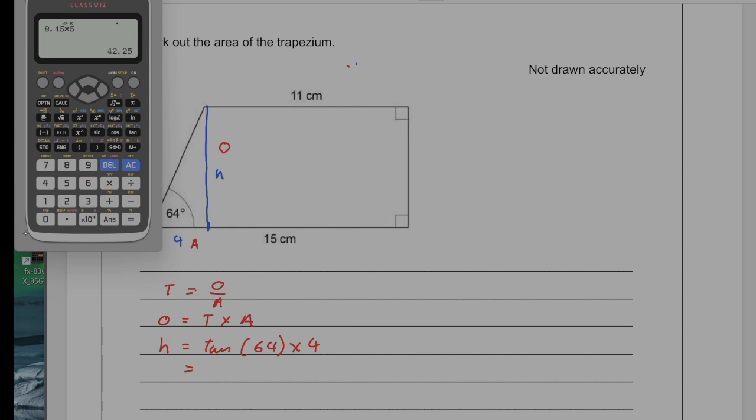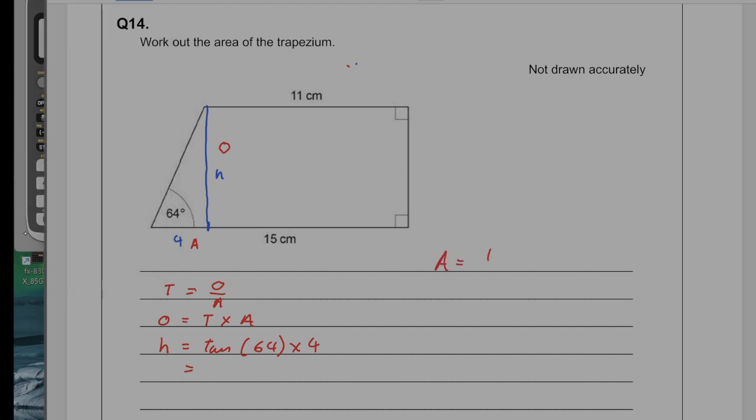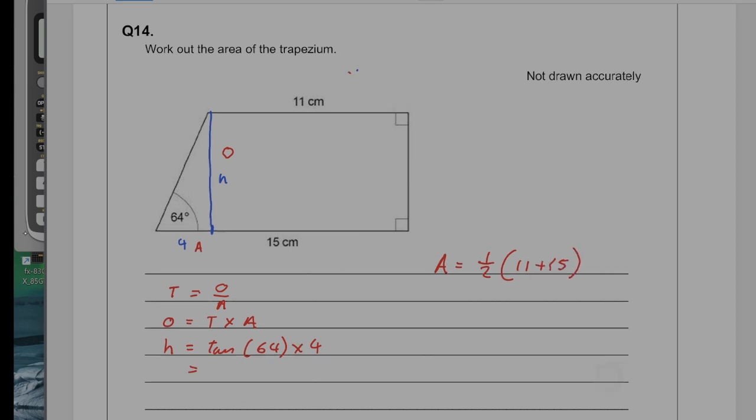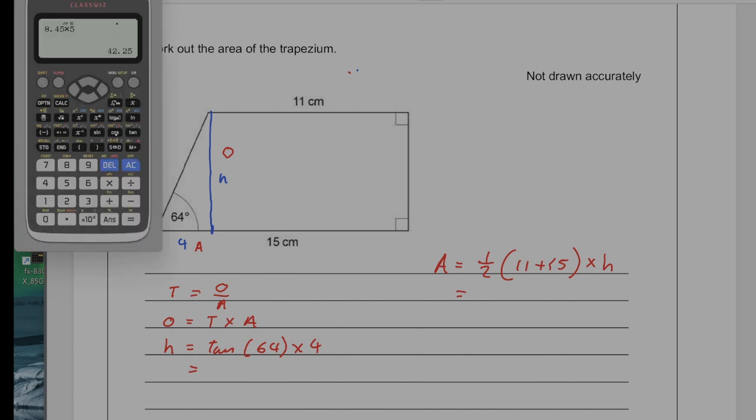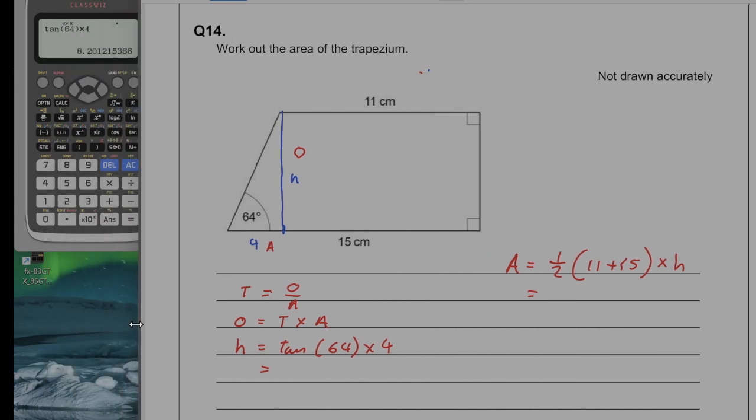I'm going to leave it there because I'm going to use that value in this and not round. So the area of the trapezium is equal to a half of 11 plus 15 times lowercase h. So tan of 64 times 4 is equal to 8.2012 dot dot dot, and I'm not going to round that.